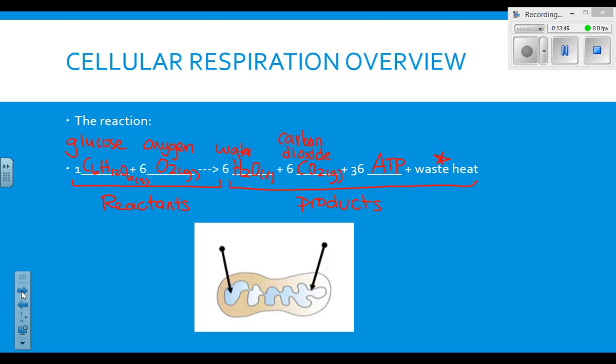The other thing that I want to remind you of, even though we've already mentioned this, is the parts of the mitochondria. You have the matrix inside. You have the internal membrane, which is the cristae. And don't forget that outside line is just the membrane of the mitochondria.